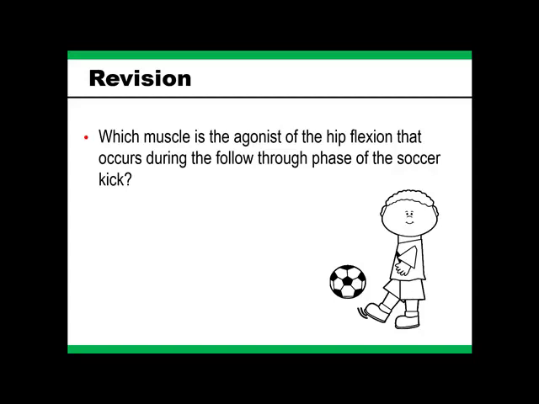That must mean something behind here is working to slow it down, or else if it was the front, it would keep going. So it's the exact same problem as lowering. Anytime you got slowing down, think of it like lowering. So my hip is still flexing, but it's slowing down. Therefore, what would extend it? Gluteus maximus would extend it, and there's your answer.